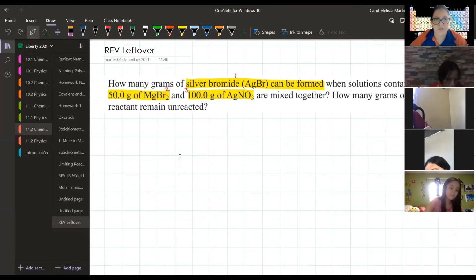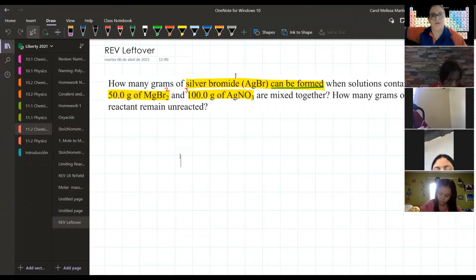So it says, how many grams of silver bromide can be formed? That is giving me a huge key to understand. The part that says can be formed is actually telling me about the result, the product formation.